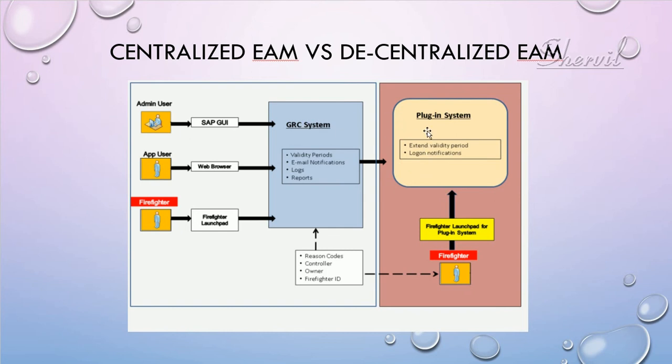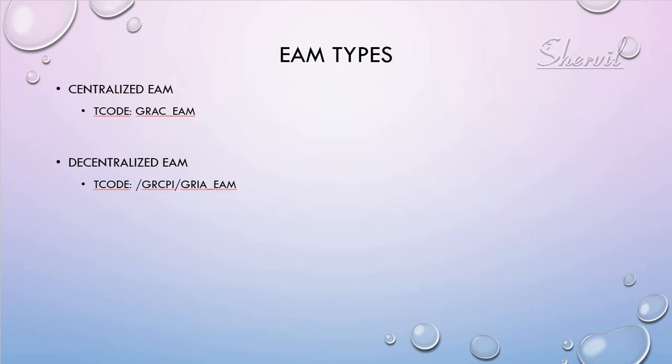So that is one of the big plus points of a decentralized EAM. Like I said, to invoke EAM in the decentralized setup, you have to execute this transaction /grcpi/GRIA_EAM.